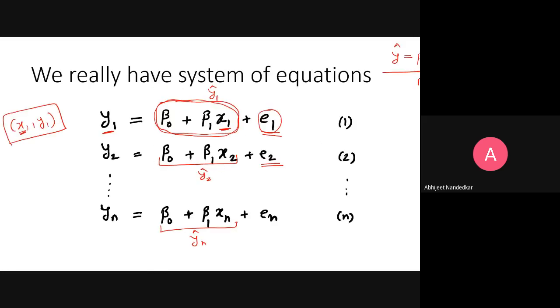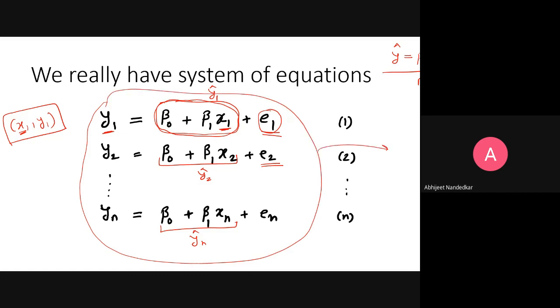So we are actually writing all this in a simple matrix form. The collection of all y's here will be capital Y. Then the collection of x1, x2, xn, and the multiplicand to this is actually 1.